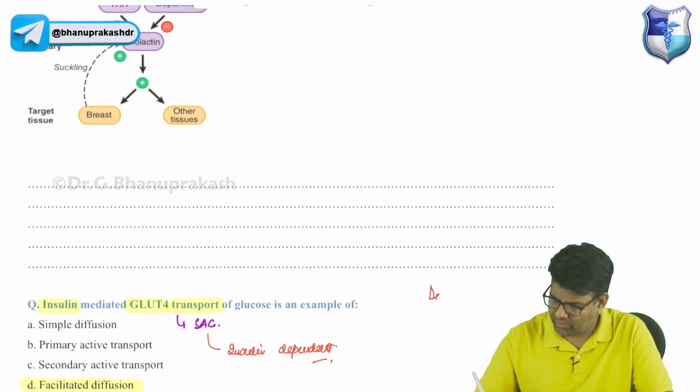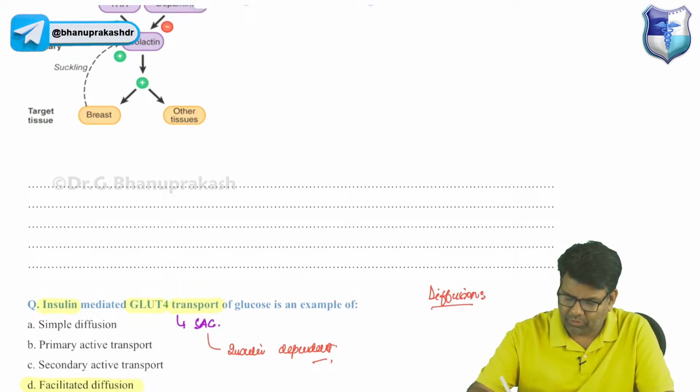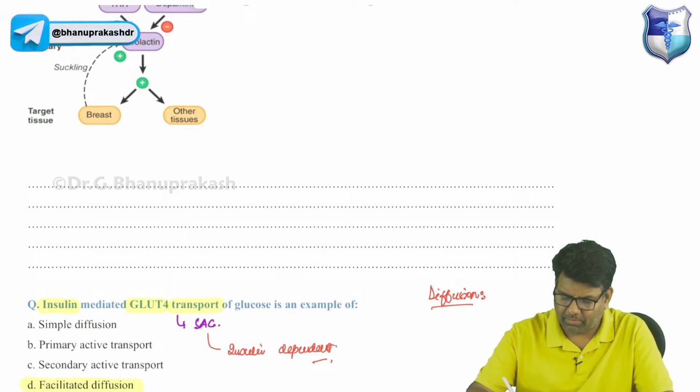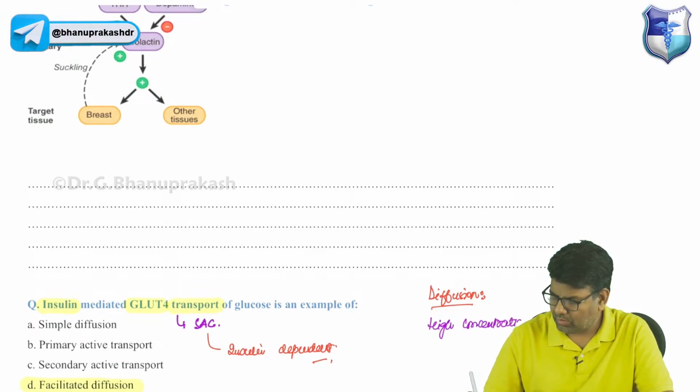Now, what do you mean by the word diffusion? Diffusion means there will be movement of a particle from high concentration to low concentration.